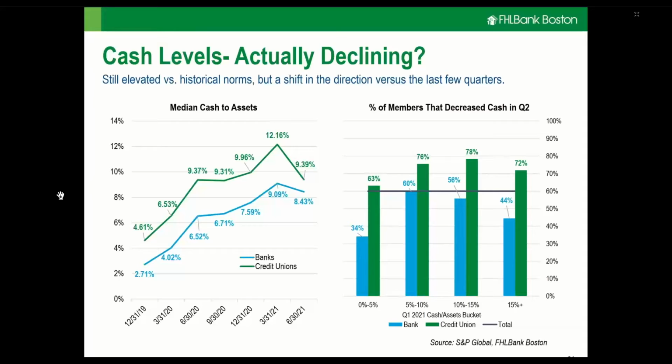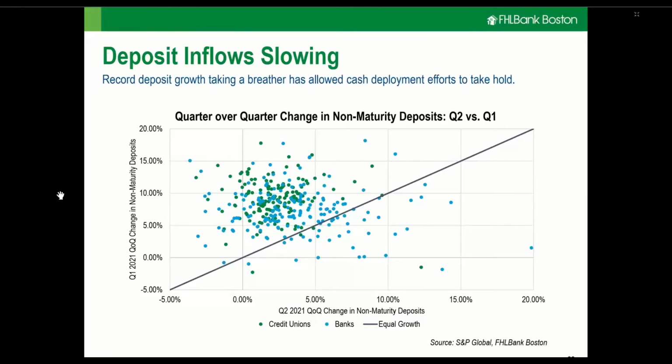So if we ask the question, okay, great, cash went down, but why or how did that happen? We can see that first when we look to deposit portfolios. Here we're looking at the quarter-over-quarter change in non-maturity deposits for the last 2 quarters. Again, banks in blue, credit unions in green. So that dark blue line signifies what an equal amount of growth in both of those 2 quarters would be.